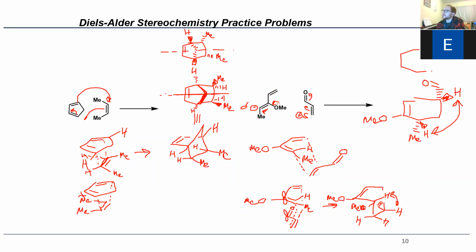And in this case, you would expect to see the enantiomeric product that corresponds to the aldehyde approaching from the top face. And so you get a mixture of these two enantiomers. Does anyone have any questions on this?